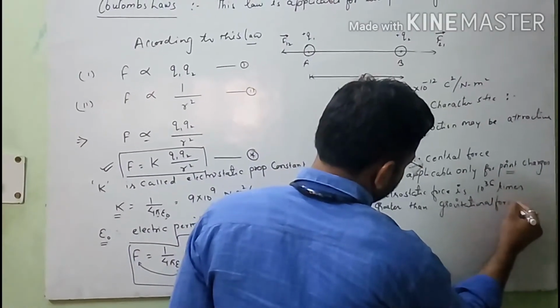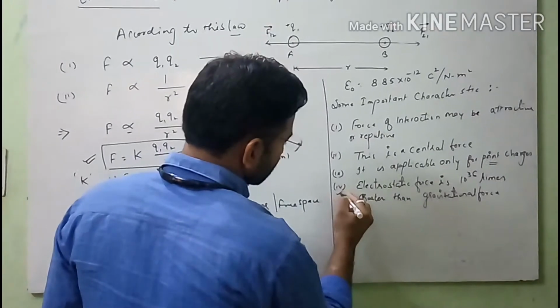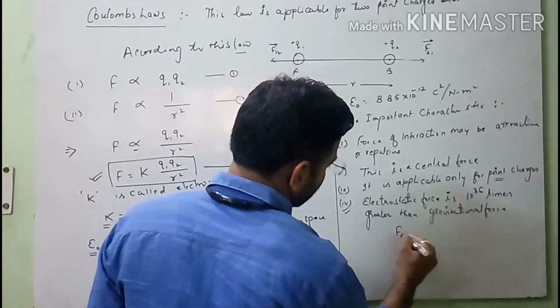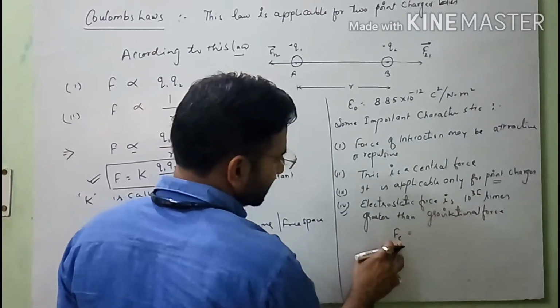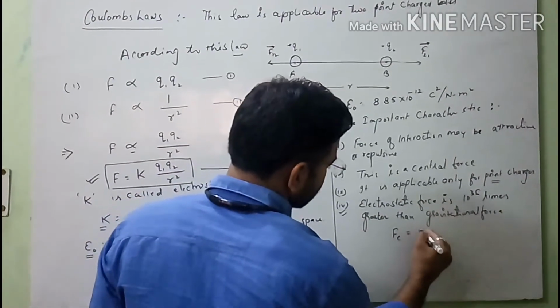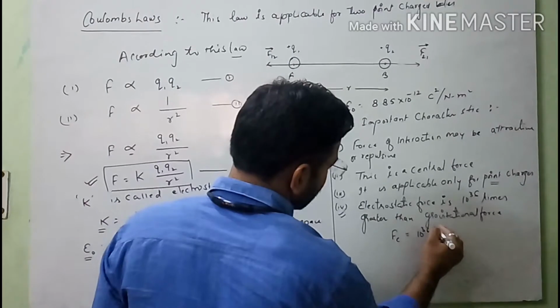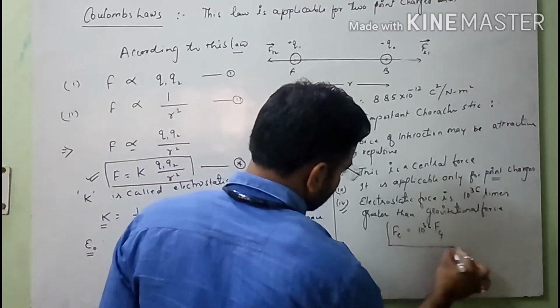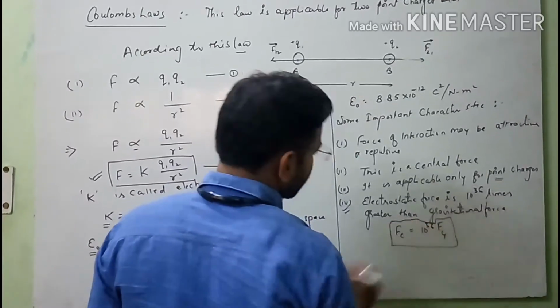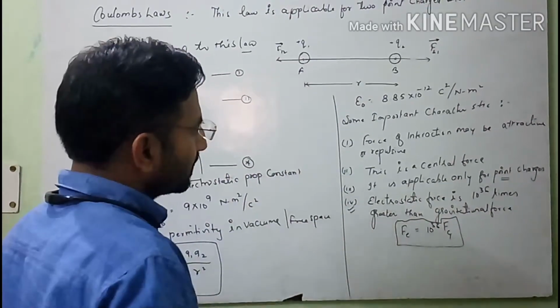Clear, students? You discussed this point in your class 11th. Fe, the electrostatic force, is 10 raised to the power 36 times the gravitational force, which is denoted by Fg. So these are some important points.